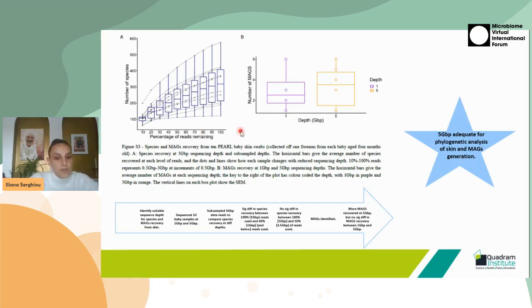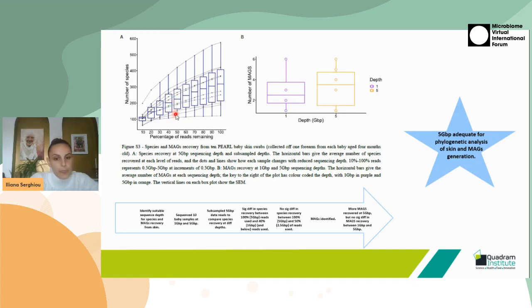So there was a significant difference in species recovery between 100% reads used and 40% reads used. So 100% reads used represents 5 gig data, and 40% reads used represents 1 gig of data. But there wasn't a significant difference in species recovery between 5 gig here and 2.5 gig, which is about 50% reads used.